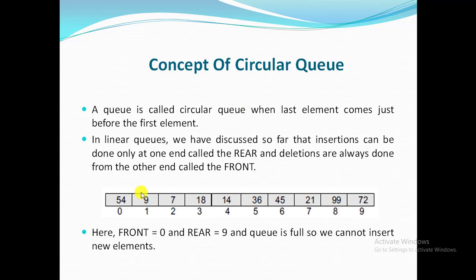Here one queue is present in which there are 10 elements, from 0 to 9. Front is pointing to this element and rear is pointing to this element. In this case, front is equal to 0 and rear is equal to 9. So in this case, insertion cannot be done in this queue.